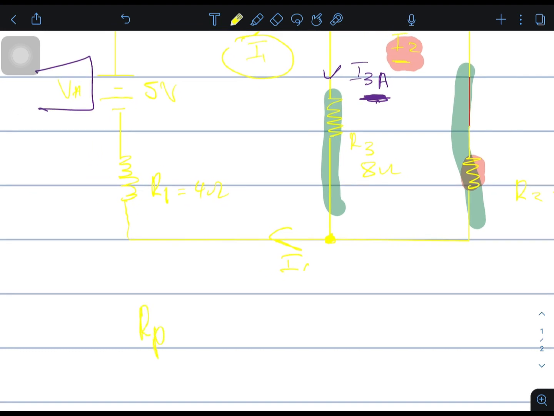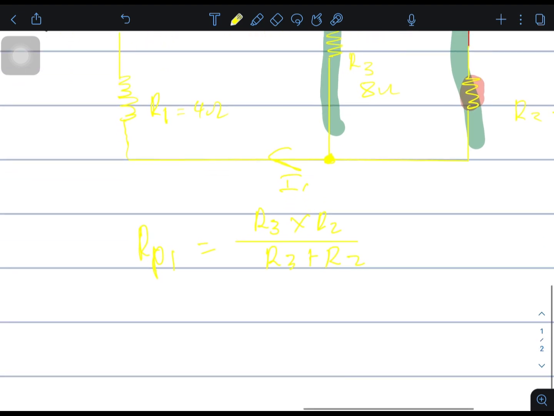Let me use the product over sum rule. R parallel 1 equals R3 times R2 over R3 plus R2.